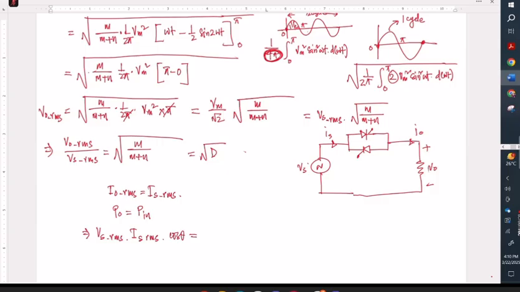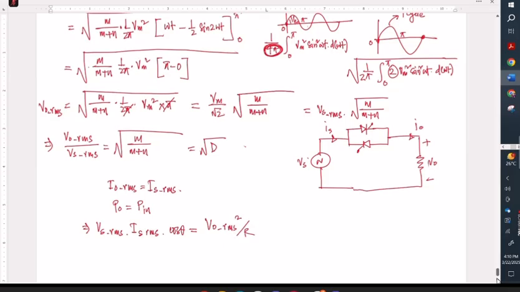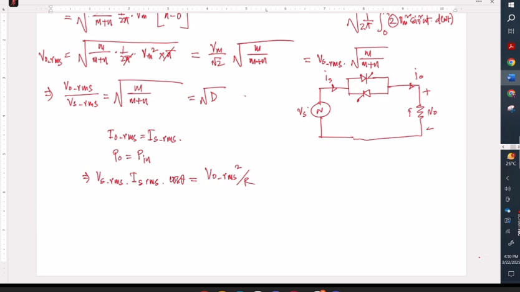It should be equal to your output power. Your output power is what? V naught RMS square over R, right?